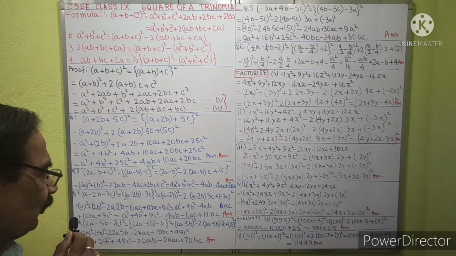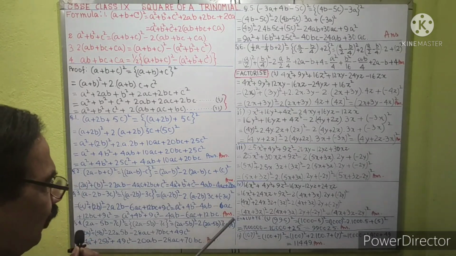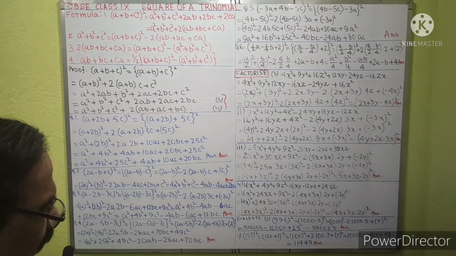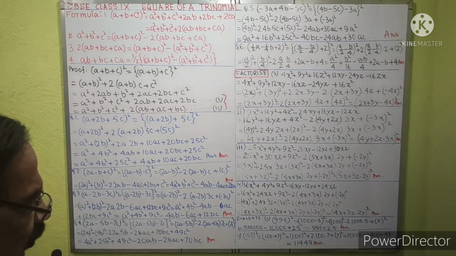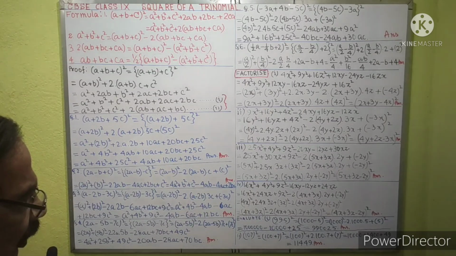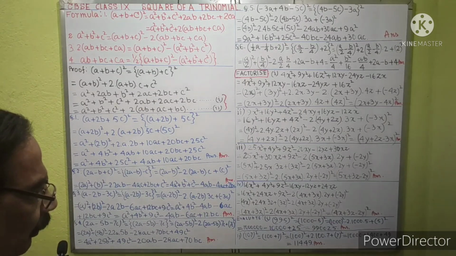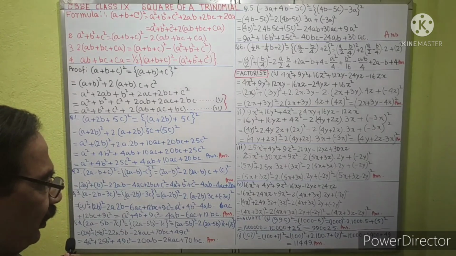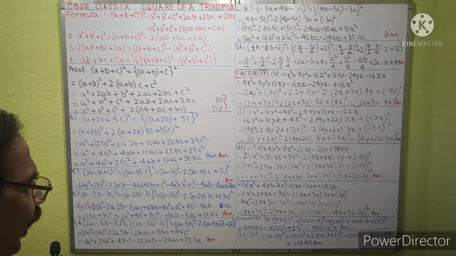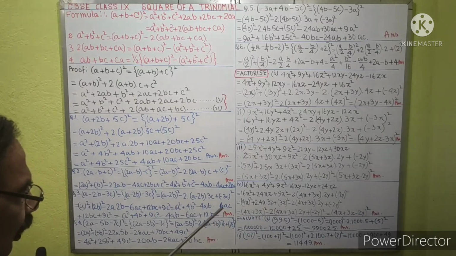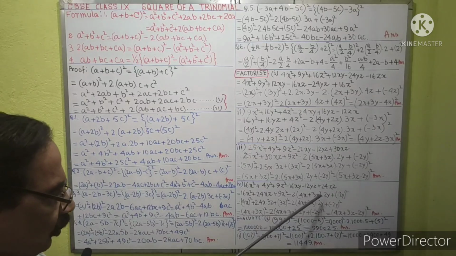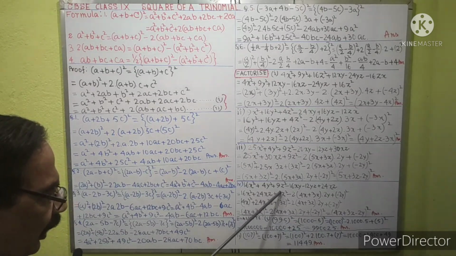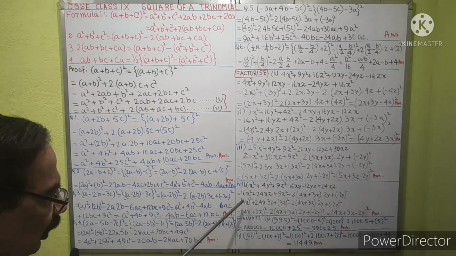You can write this. Question number, factorization 4, 16x square plus 4y square plus 9z square minus 16xy minus 12yz plus 24xz. In the same way as we have done previously, this has been arranged this way, 16x square and this 24xz, then 9z square to make it a square.